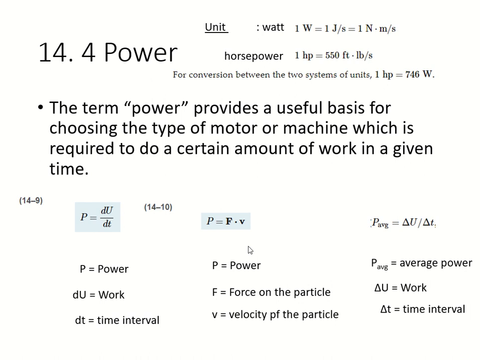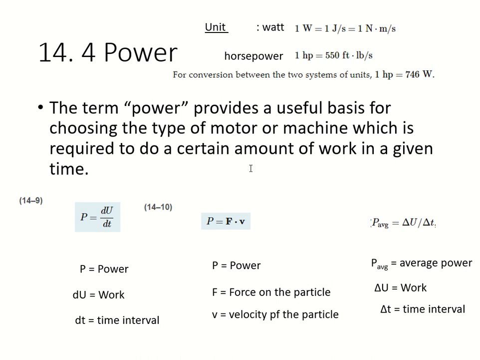The term power is kind of like choosing the type of motor or machine, if you're thinking common sense, which is required to do a certain amount of work in a given time. This is a common way of defining power, instead of going into a mathematical expression like this.